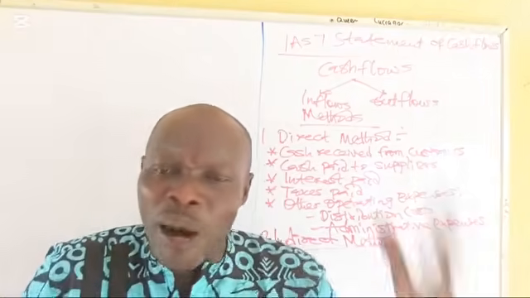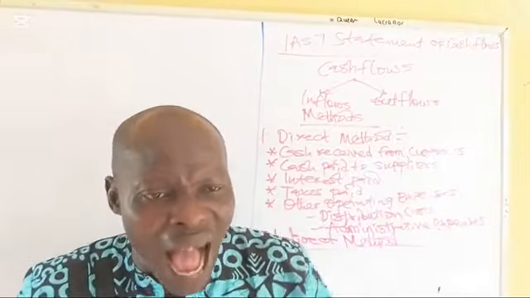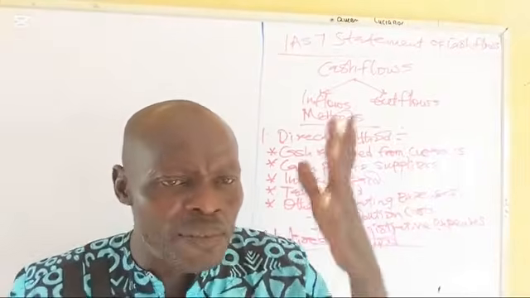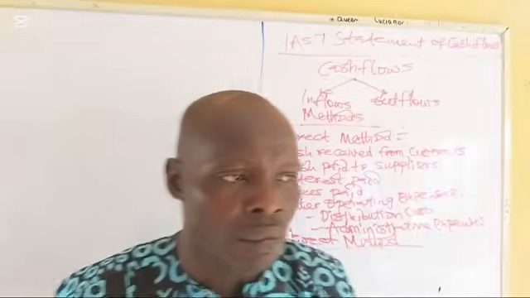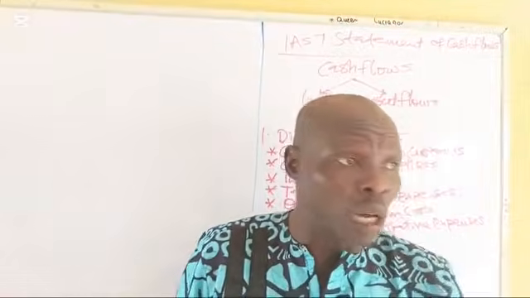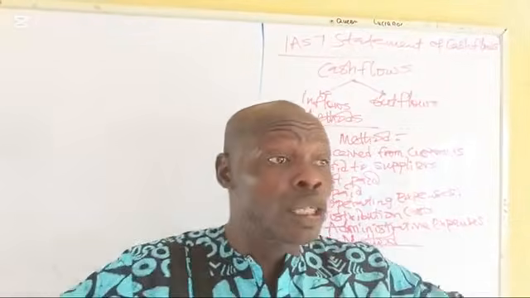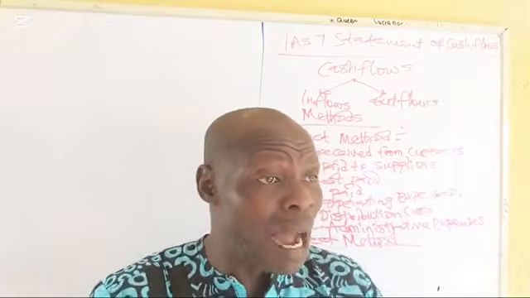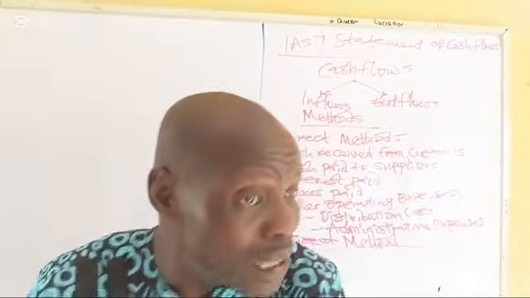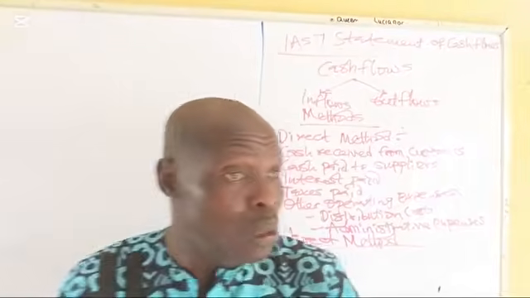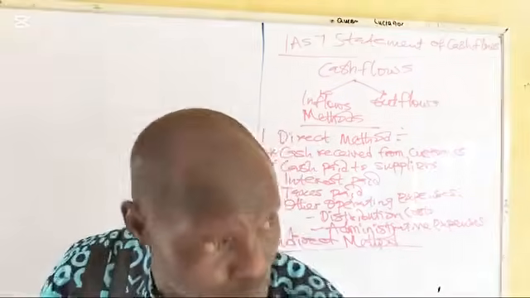There are a number of items in the financial statements, in line with accruals, that will require adjustments, because only the accrual financial statements will show them. You can never have those items in the cash book.